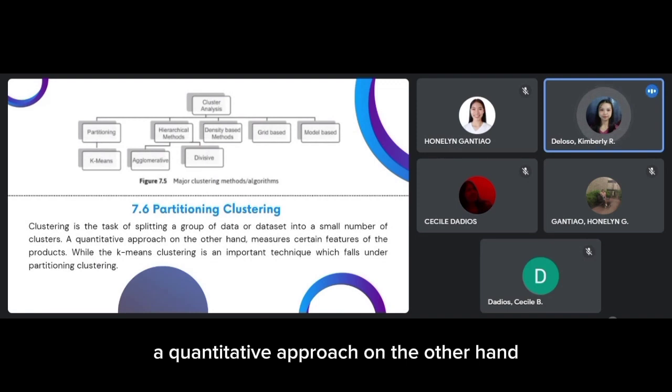A quantitative approach, on the other hand, measures certain features of the products. In the partitioning method, we cluster objects based on attributes into a number of partitions, as I exemplified earlier. The k-means clustering is an important technique which falls under partitioning clustering.